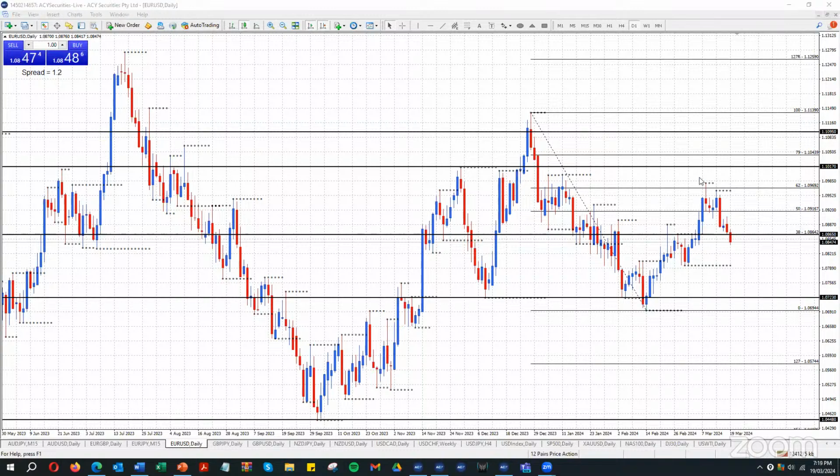So we came down, but we've actually come down to there. We had a bit of a rally there, which tested this area like so. Now the bigger swings, that's the higher bottom, so that big swing there. But this kind of formation is starting to break down.